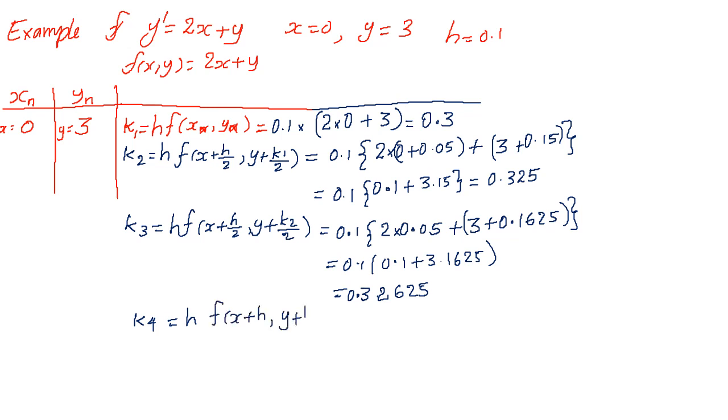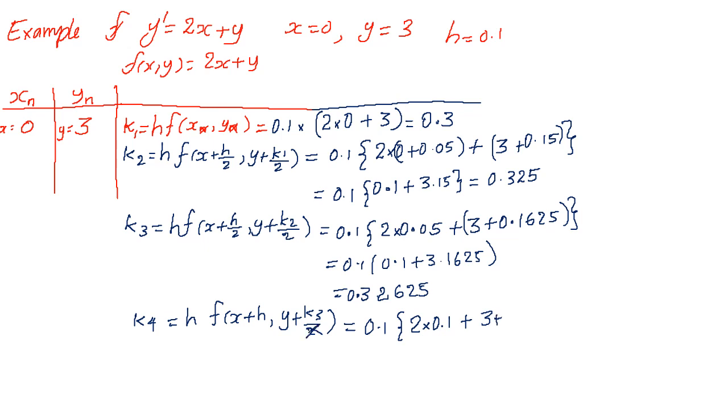Once k3 is obtained, you can calculate k4 as h into f of x plus h and y plus k3. That is 0.1 into 2x plus y, where instead of x it is x plus h. X is 0, then 0 plus 0.1 is 0.1, plus y, which is 3 plus k3. I went wrong earlier, it is k3, not k3 by 2.